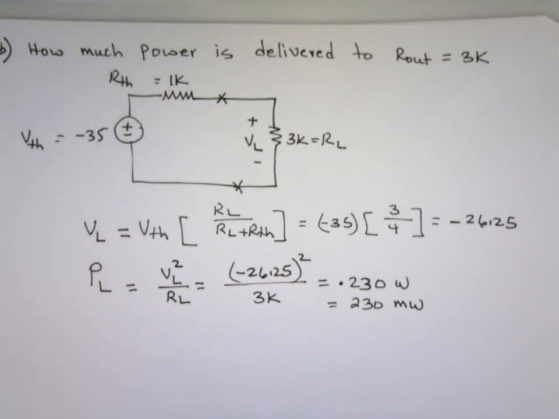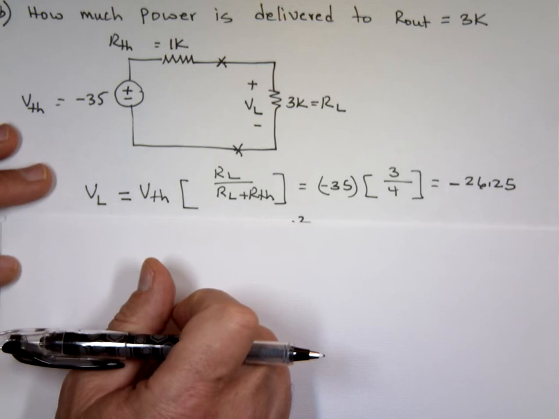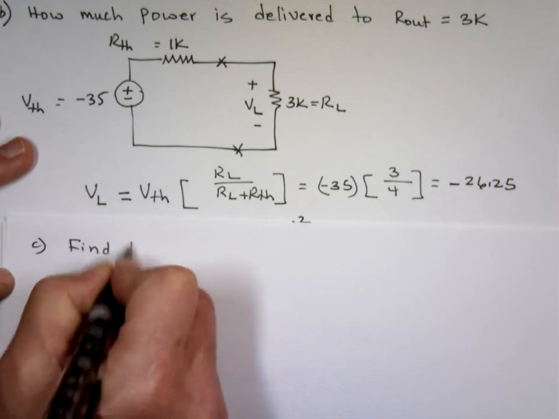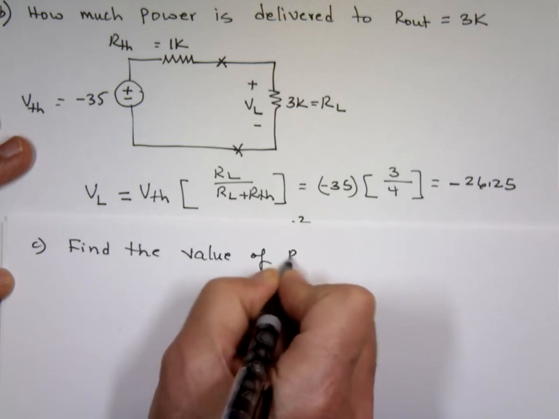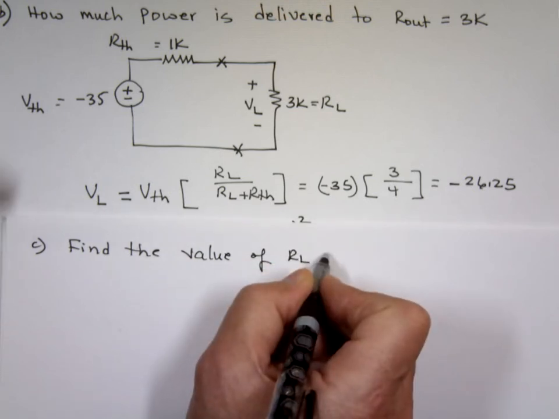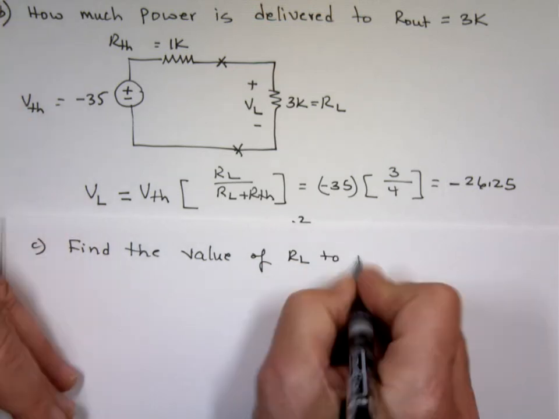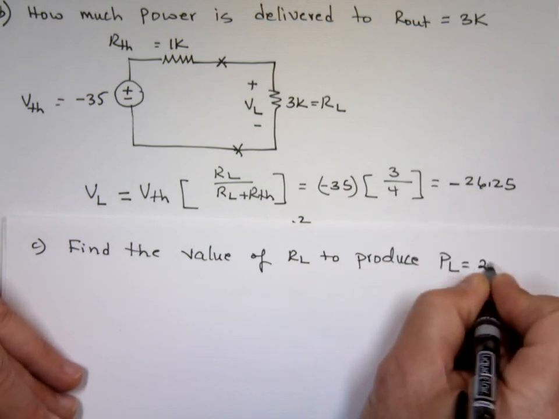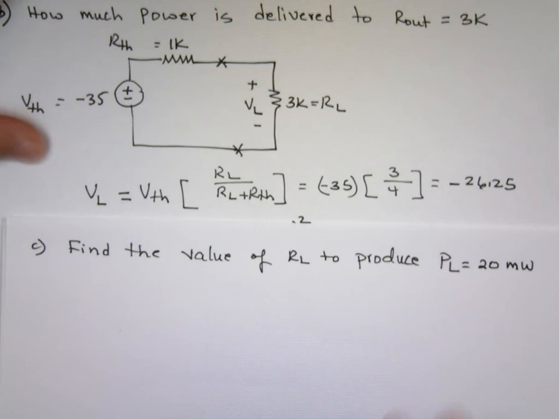Let's look at part C. Part C says, find the value of R sub L to produce a power to the load of 20 milliwatts.